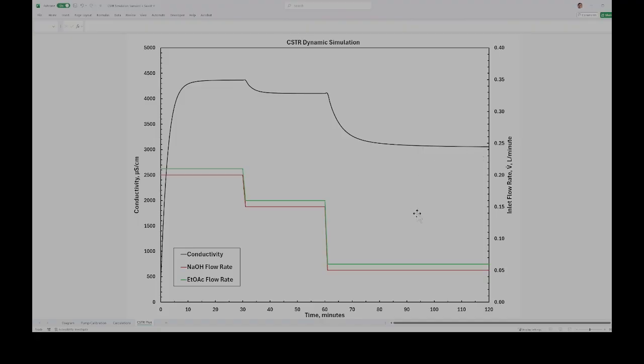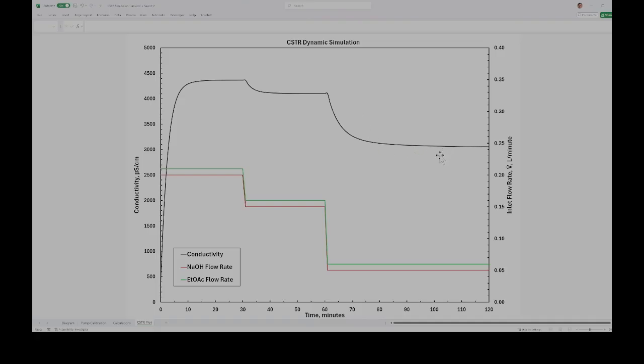So this is how we would do the modeling work for the dynamic simulation of the CSTR. We would use our model to predict the conductivity, and then we would use the conductivity data that we gathered in the experiment and compare how these two curves line up with each other.